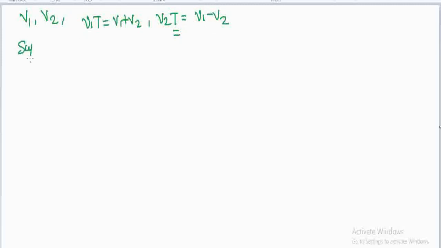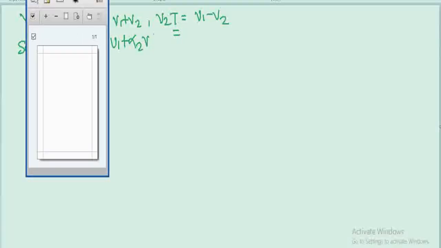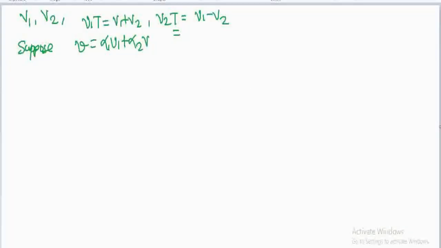Suppose that v equal to alpha 1 v1 plus alpha 2 v2, and lambda is the characteristic root corresponding to this vector v.